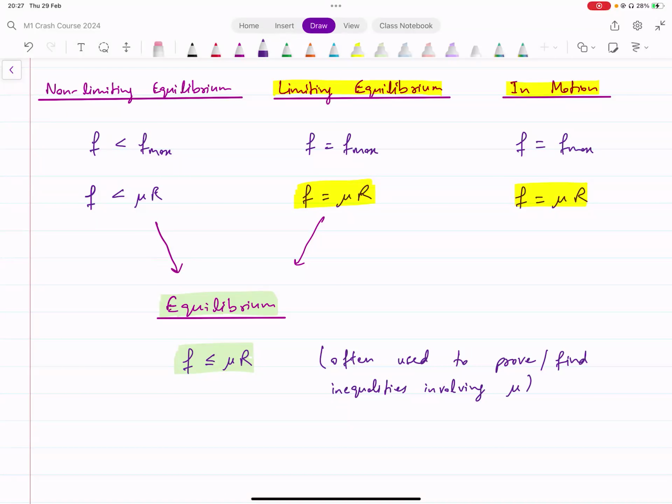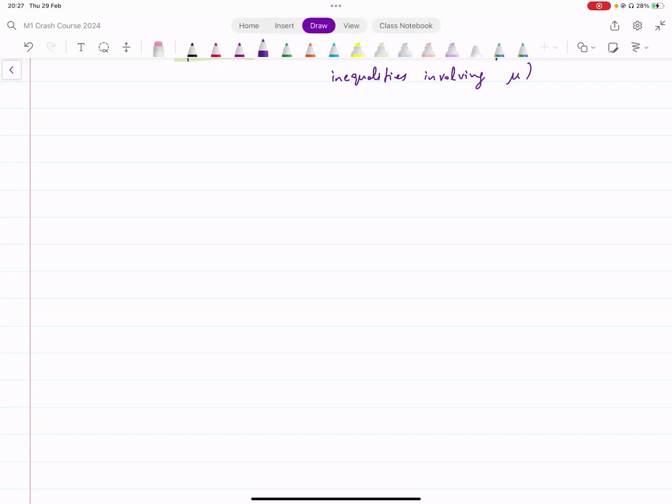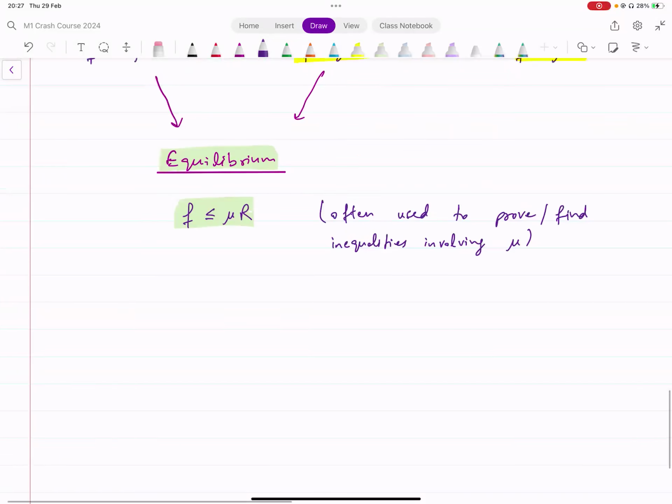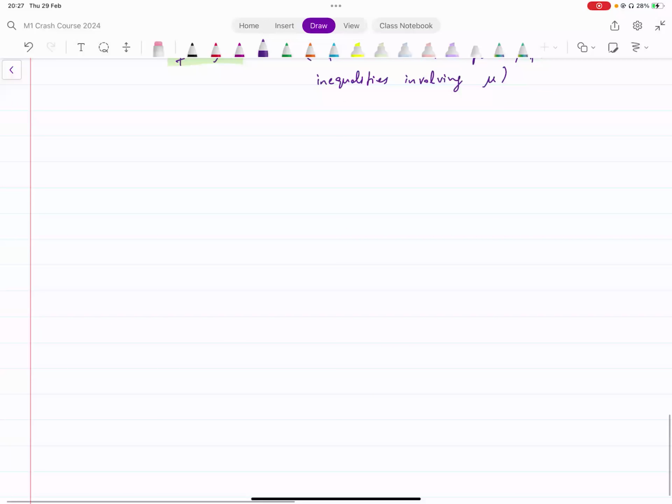Okay, so these are the different cases that we have. Let me summarize this now, the ones that you are going to be using more frequently. There are going to be two cases that you will be using more frequently.